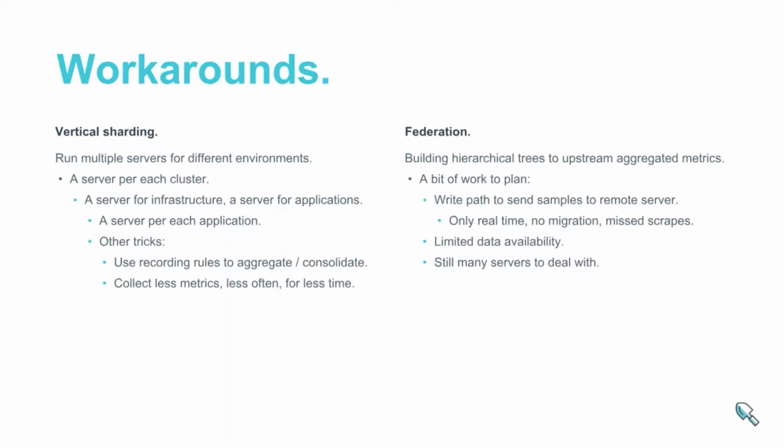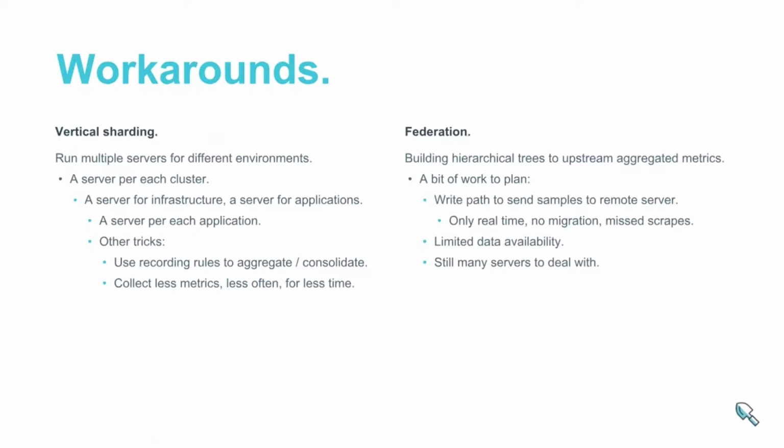That'sneat that exists. So there are a couple of what I call workarounds, because they don't address the issue properly. One of them is vertical sharding. Vertical sharding basically means that if my Prometheus server cannot deal with my metric ingestion requirements or needs, I will just run multiple Prometheus servers and split the load between them.